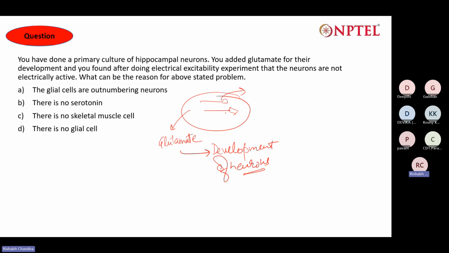Now, as we know, when we isolate hippocampus, so can anybody tell when can we isolate hippocampus from the rat? At which embryonic stage do we isolate hippocampus?